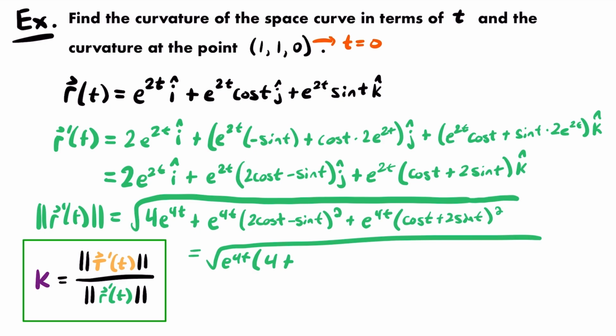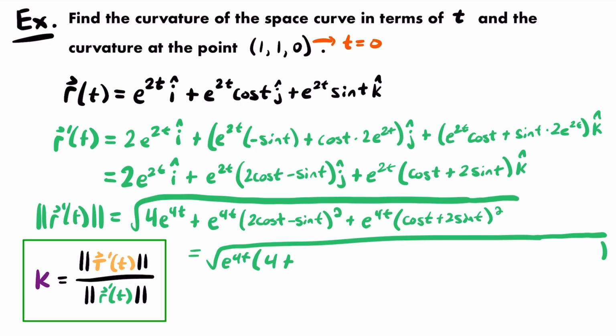And I'm actually going to do that right now, okay? We're going to put all of that in this quantity that we just pulled e to the power of 4t out of. And so to square a binomial, like what we have here quickly, you square the first term, add that to the two terms multiplied together, but multiplied by 2, and then add that to the last term squared.